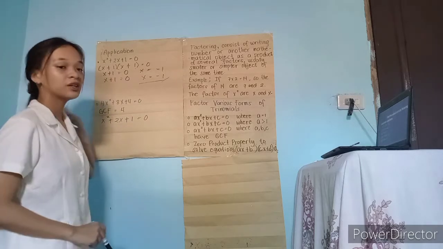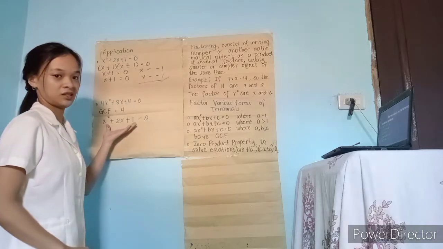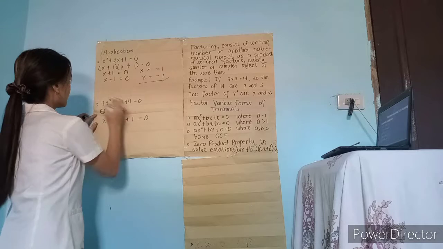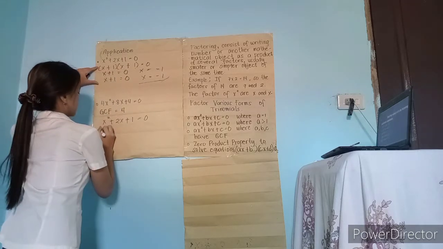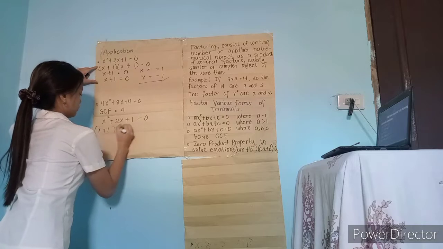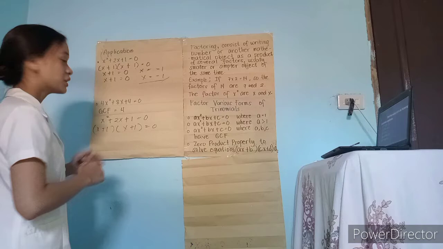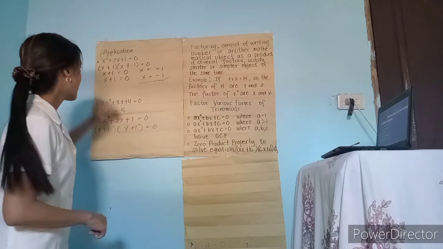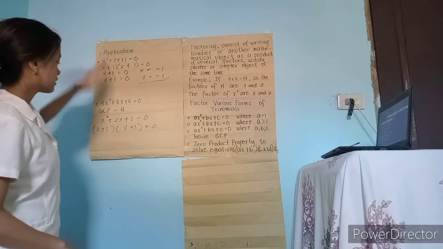After getting the GCF, we can factor this in an easy way, like this. So we have again x plus 1, x plus 1 is equal to 0, because the equation is the same as in the first example, right?